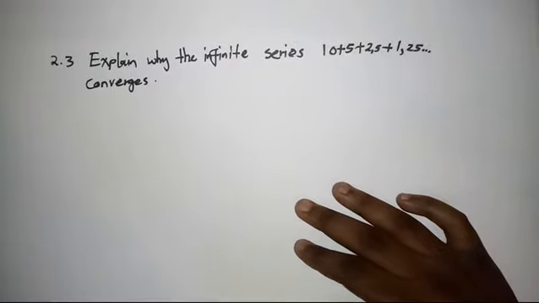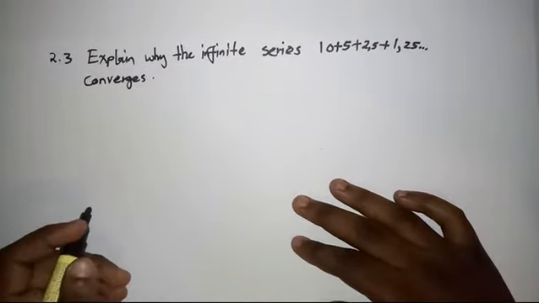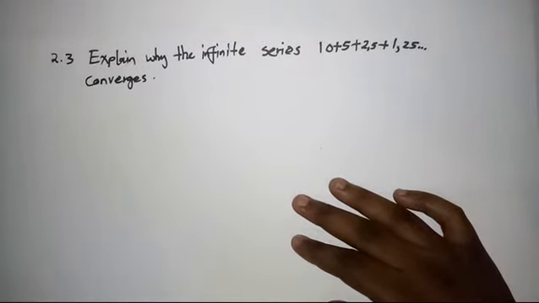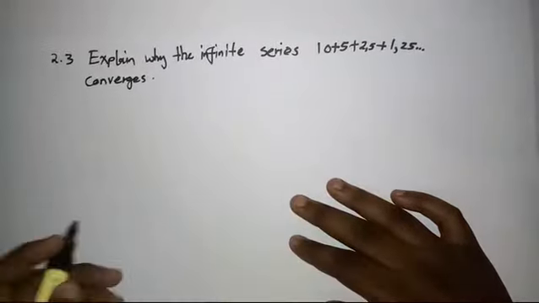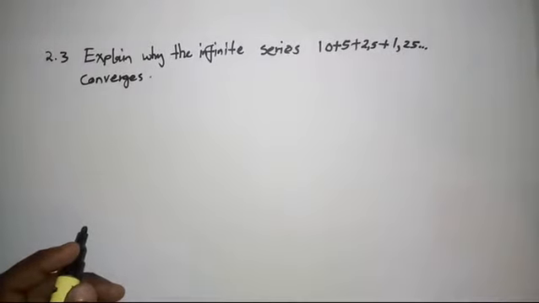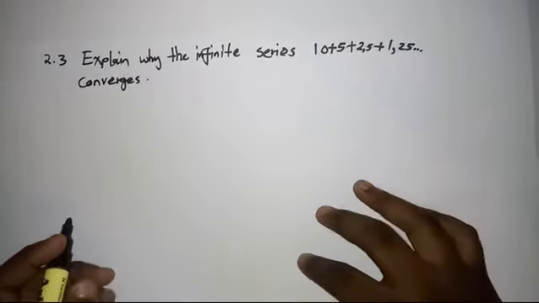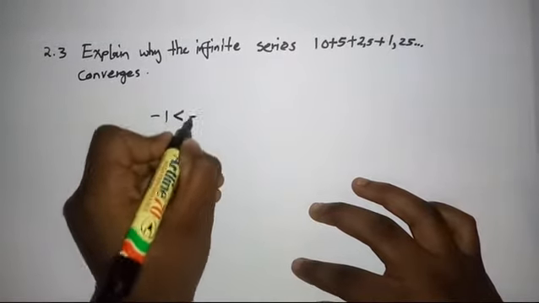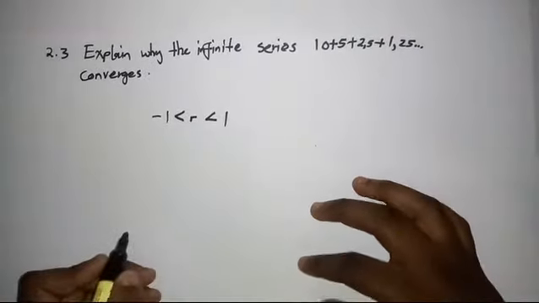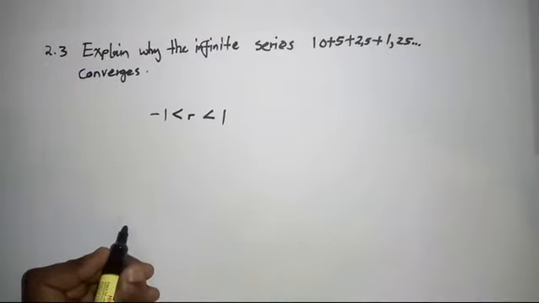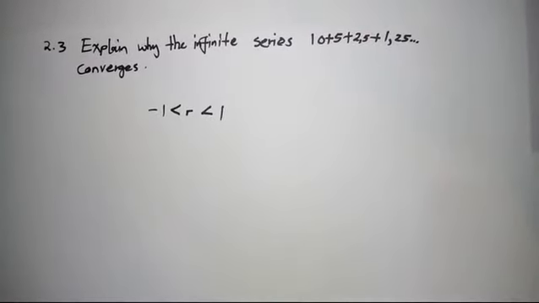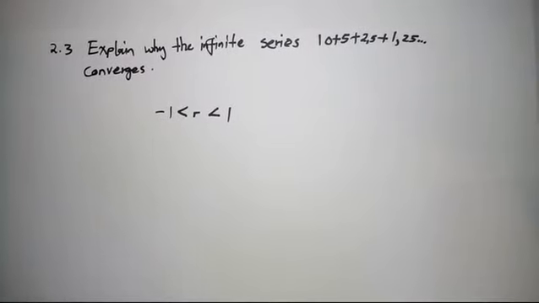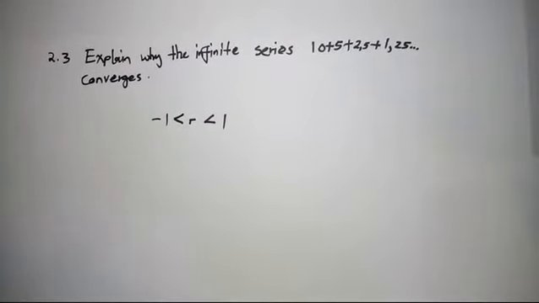Question 2.3 asks that you explain why the infinite series, as you can see, converges. For a series to converge, this condition must be met: the ratio should be less than 1 but greater than -1.